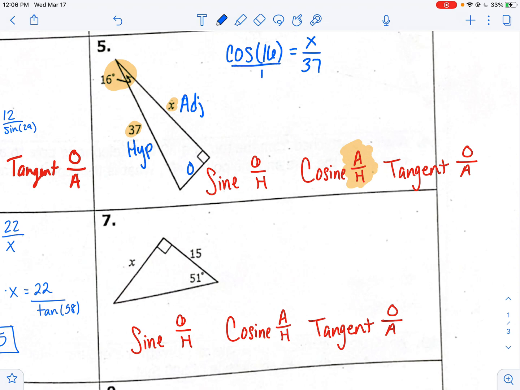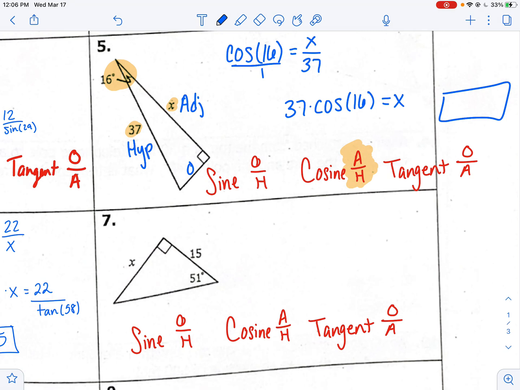And again, if you watch the other videos first, you'll know that I like to set this up as a proportion just because it's simpler for some students to see it this way. And I can cross multiply. So it's cosine of 16 times 37, or 37 times the cosine of 16 equals 1x, or just x.